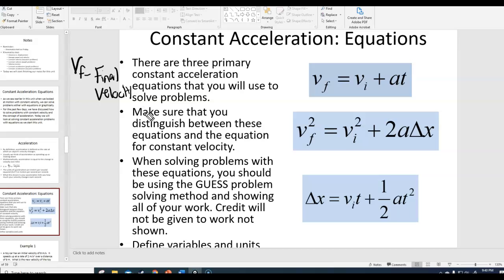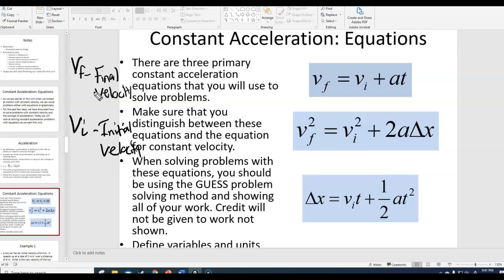If you are accelerating, that means your velocity is changing by definition. So the problems we're going to be doing have two velocities, an initial velocity and a final velocity. The final velocity, Vf, is the velocity at the end of the problem, and Vi is the initial velocity, the velocity at the start of the problem.